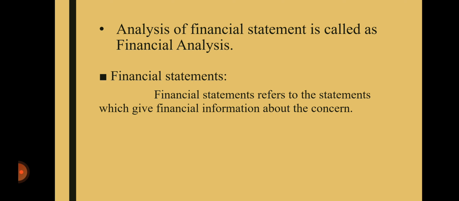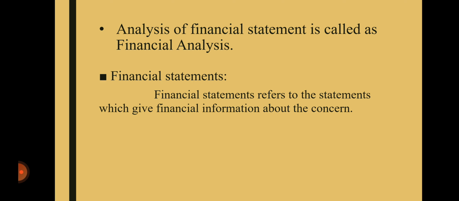In basic statements, we have the profit and loss account, that is the income statement. This statement is prepared to find out whether the firm has earned a profit or incurred a loss. And the next one is the balance sheet.